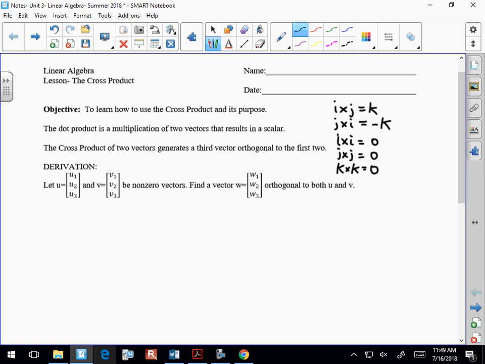All right, while we're kind of on a roll here, we kind of discovered something. We'll get to it later on. It's called the anti-commutative property. If you switch the order of the cross, you're going to get a negation in your resulting vector.